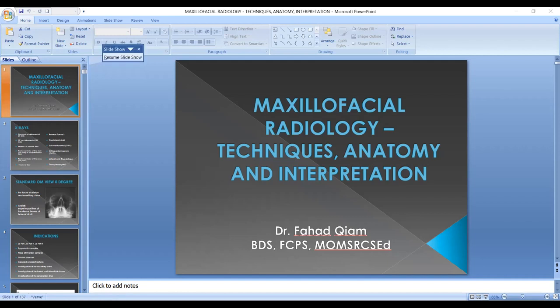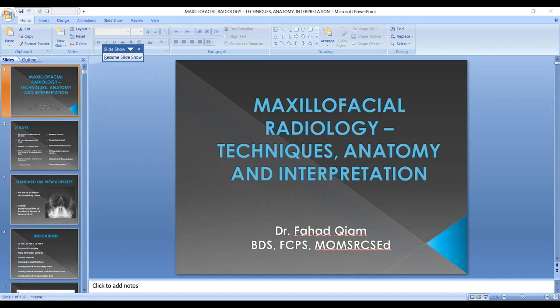So as you know, these are the X-rays I already advertised that I'll be teaching you. Not all of these are X-rays that you'll be seeing routinely in your practice or in your exam, but depending on where you work, sometimes you won't have access to the gold standard X-rays like CT or OPG.